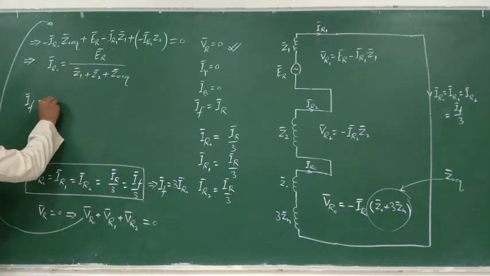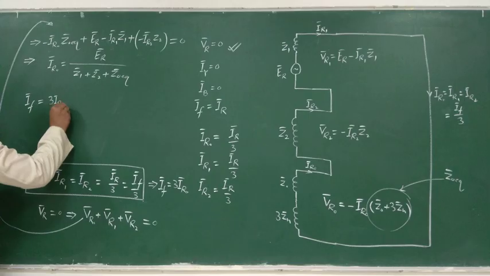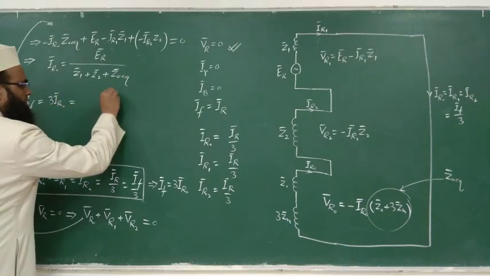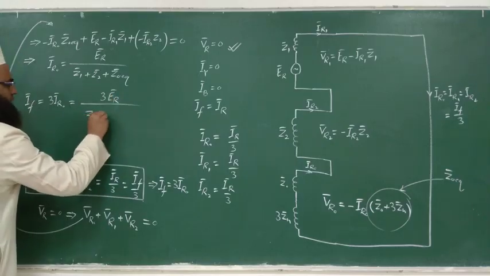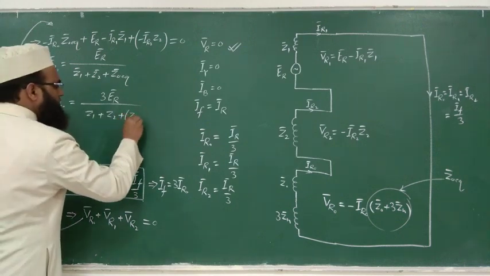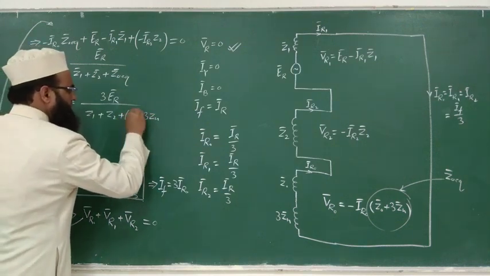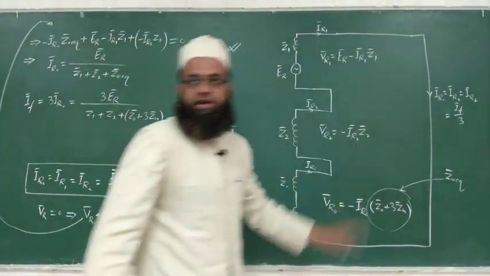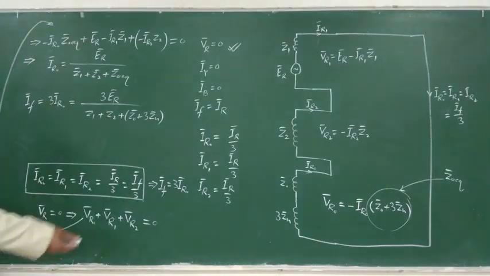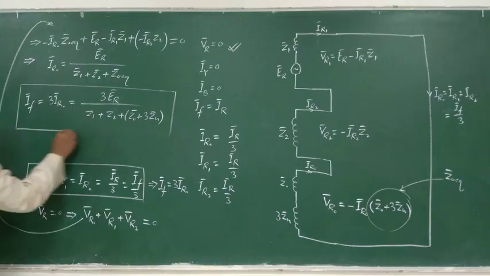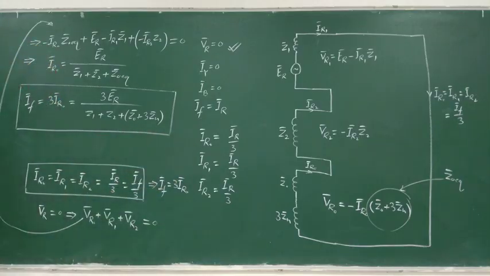So 3 times IR0 will be equal to 3 times ER upon Z1 plus Z2 plus Z0 equivalent, or you may write Z0 plus 3 times Zn, as this Z0 plus 3 times Zn is nothing but Z0 equivalent. So this is the relation for calculating fault current, right?